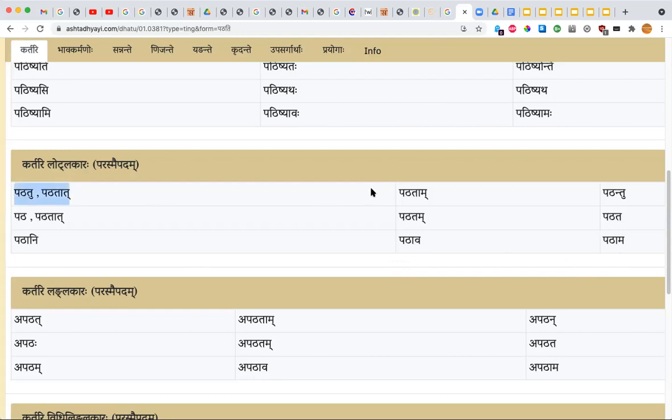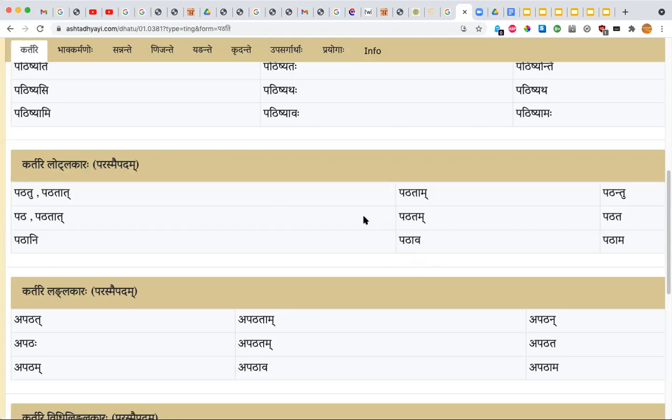Uttamam. Prathama Purushe: Bhavan Patatu, Bhavantau Patatam, Bhavantaha Patantu. What is the meaning? You read, you both read, you all read. That is Ajna. Prarthana: may you read, or please read. Please or Kripaya, same thing.